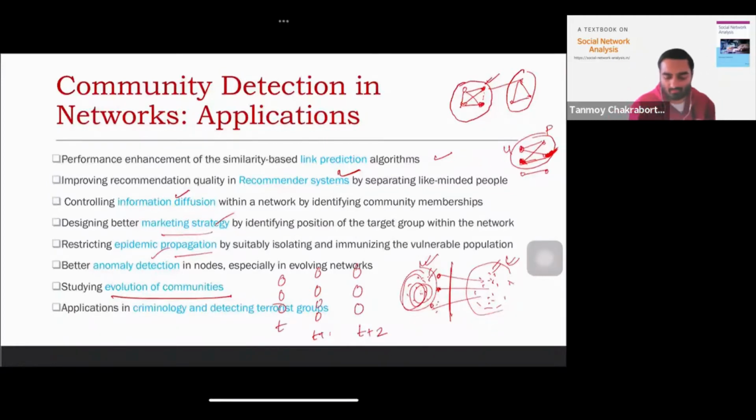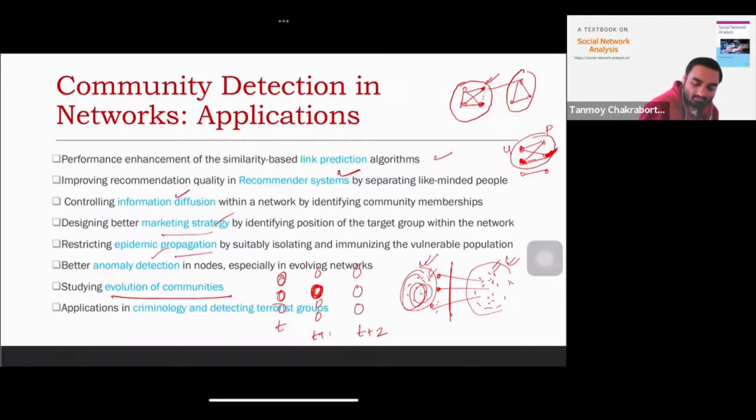If I want you to understand how this community has evolved, which one is the parent community for this community at time t, whether this community has evolved from this community, or this has evolved from this, or how?